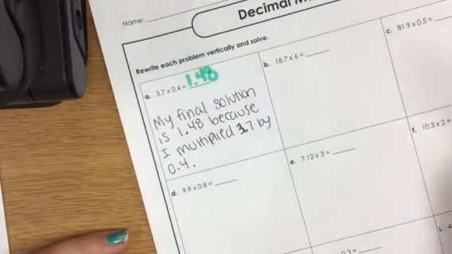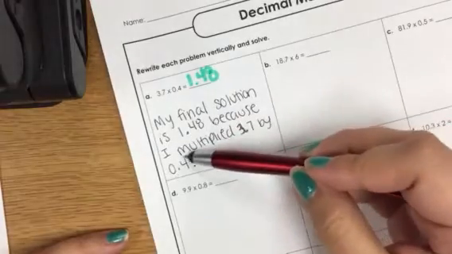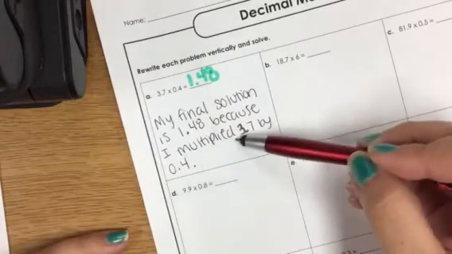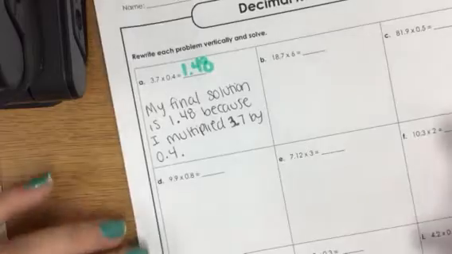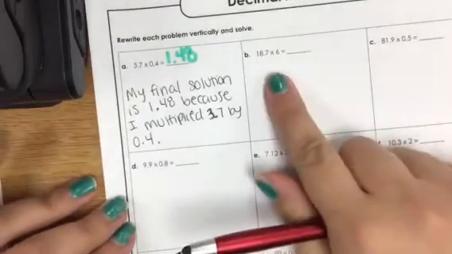So the important piece is we have our final answer. We know that we did this because we multiplied the two, and then we list the two numbers that we multiplied.